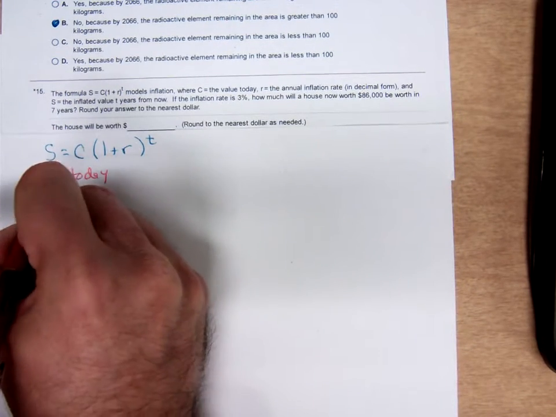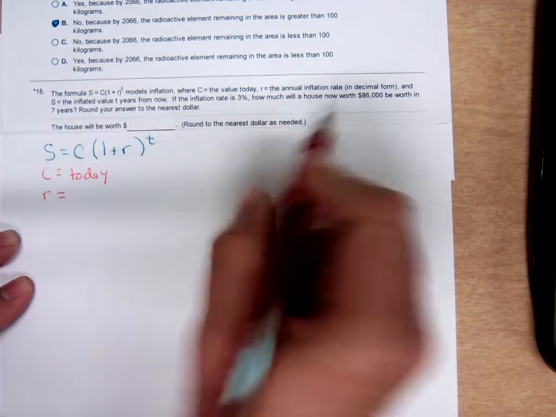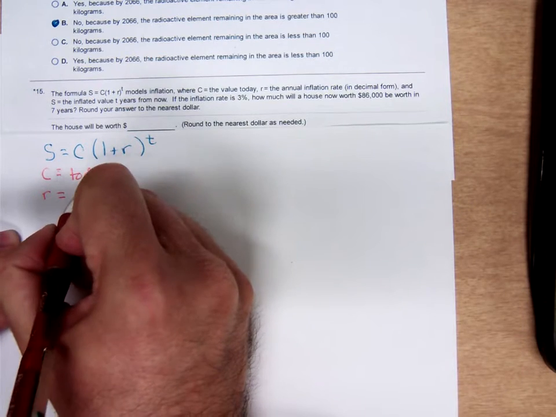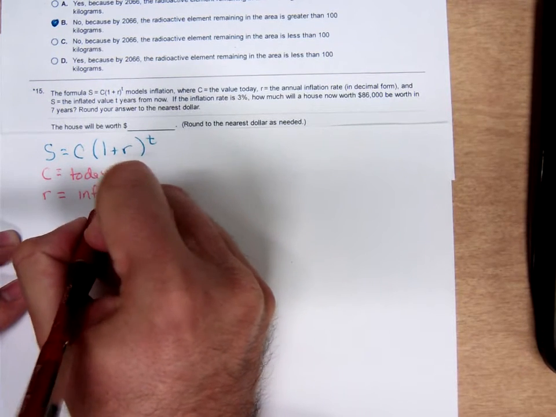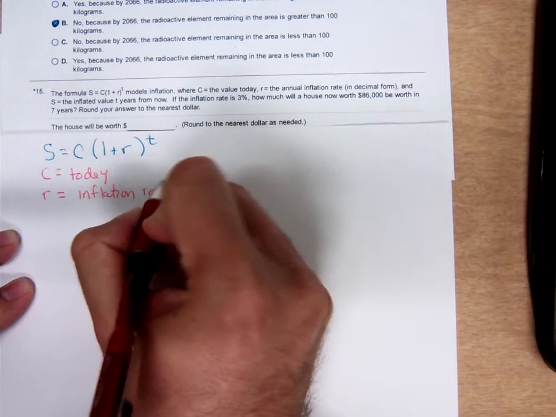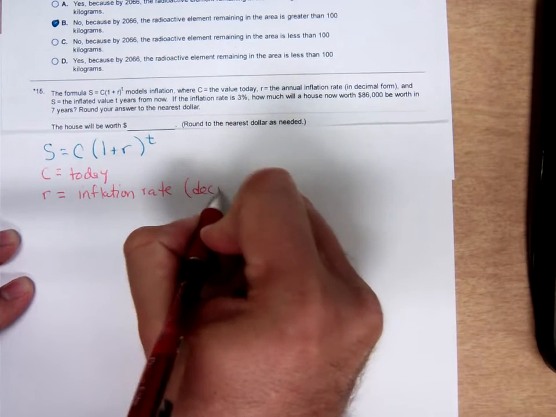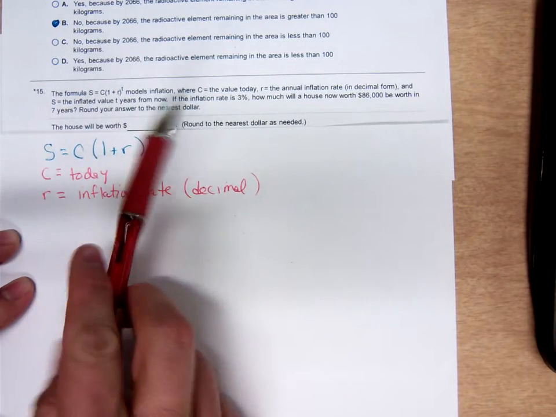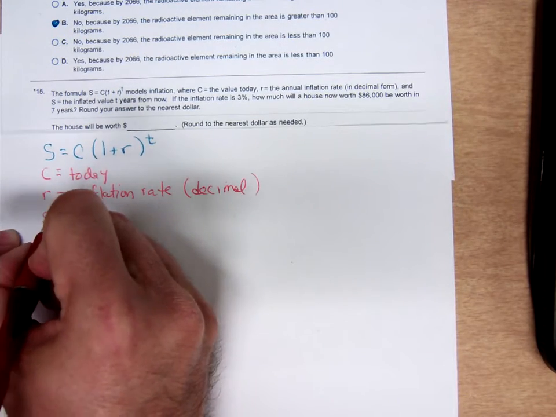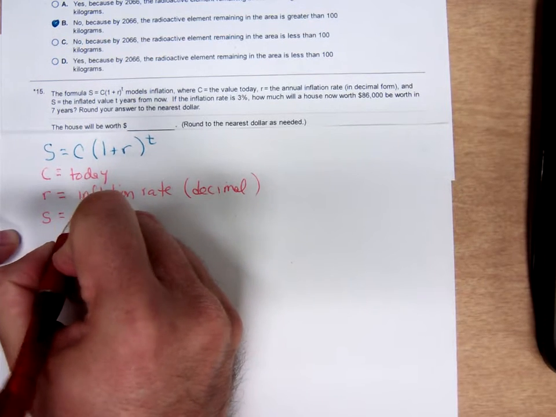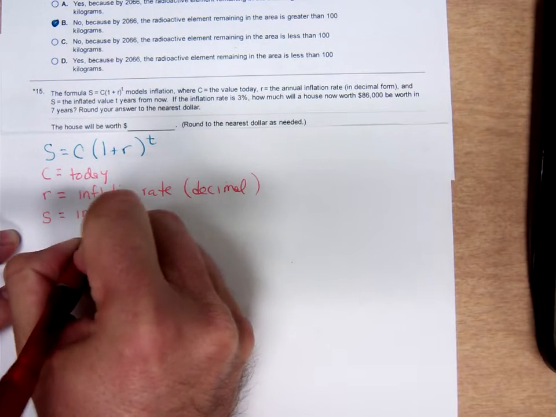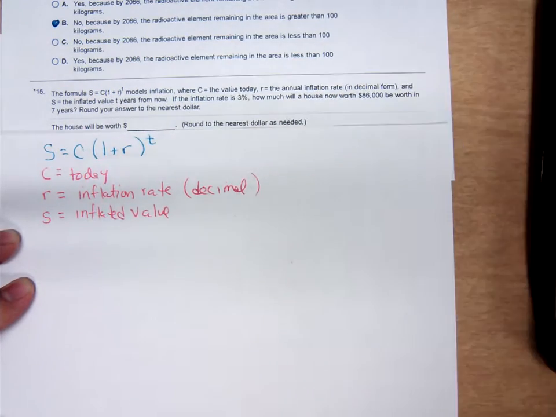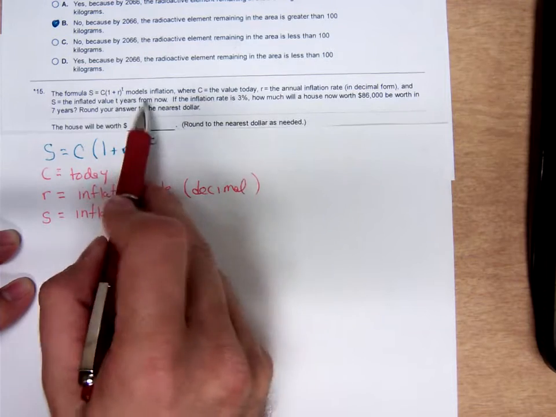R is the inflation rate in decimal form. S is the inflated value, that future inflated value. And T is the number of years from now.